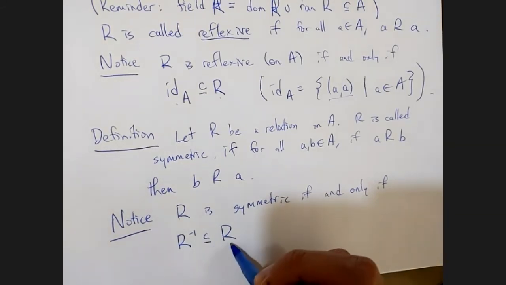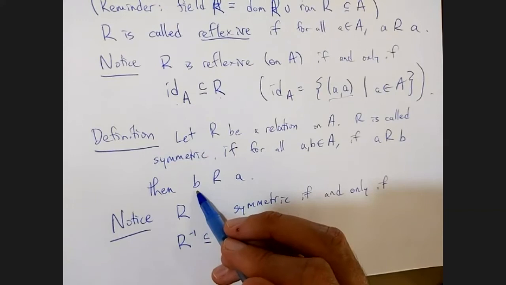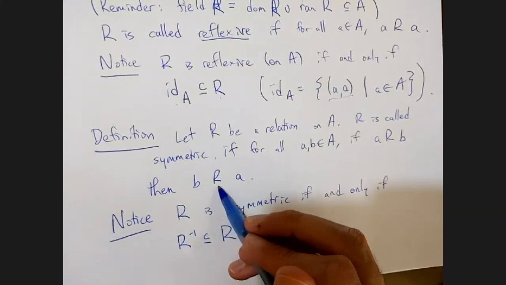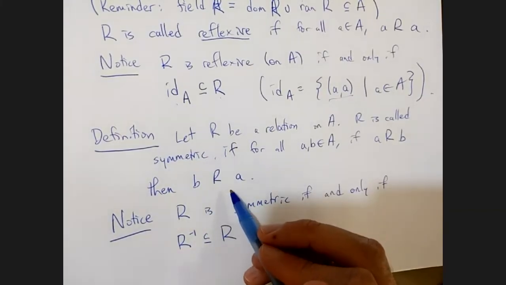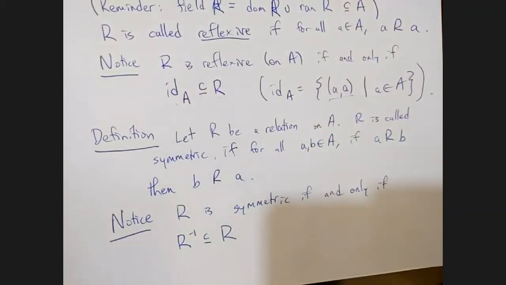R inverse is a subset of R. That means the typical element of R inverse is going to be like (b, a), and as long as (a, b) is in R, then (b, a) is also in R. So that's a symmetric relation.